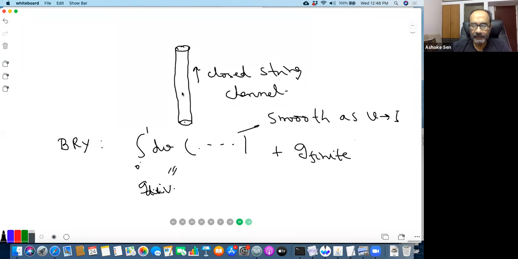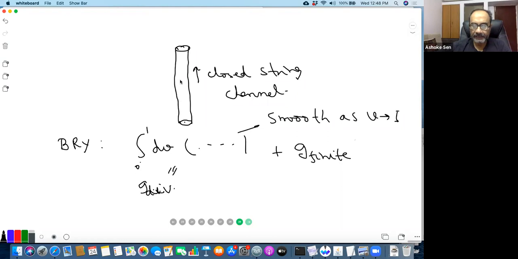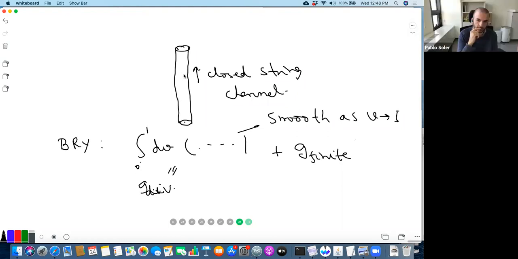But this is still tree level in the closed string channel. Yeah. In the Feynman diagrams that you were drawing, there are also loops with open strings. If I put a closed string in one of those diagrams, is that just absent or lower, higher order in g_s?